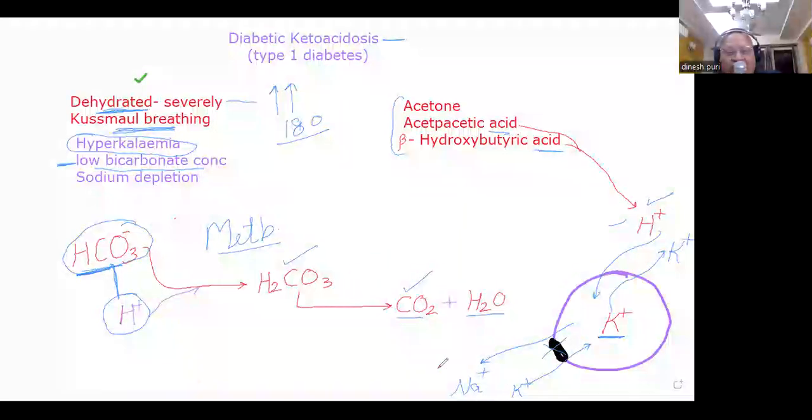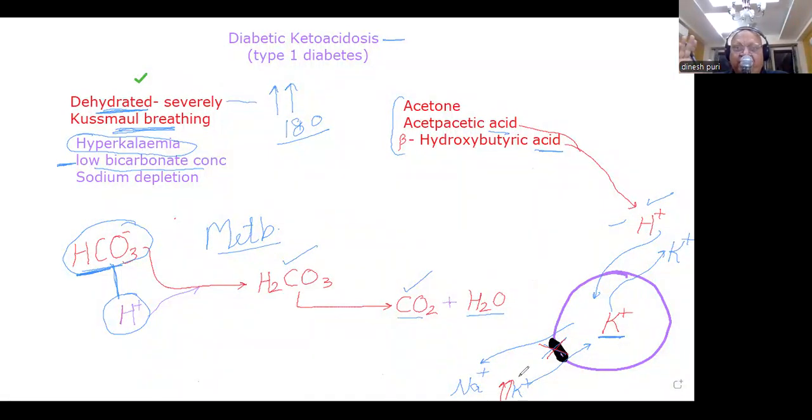The result, of course, will be that potassium concentration in the bloodstream is going to rise because of diminished activity of the sodium-potassium pump because of the fall in pH. The potassium is not moving into the cell. It will remain in the blood circulation. So potassium concentration will gradually build up. This is a very serious condition because from physiology you must have learned that hyperkalemia can cause sudden cardiac arrest.